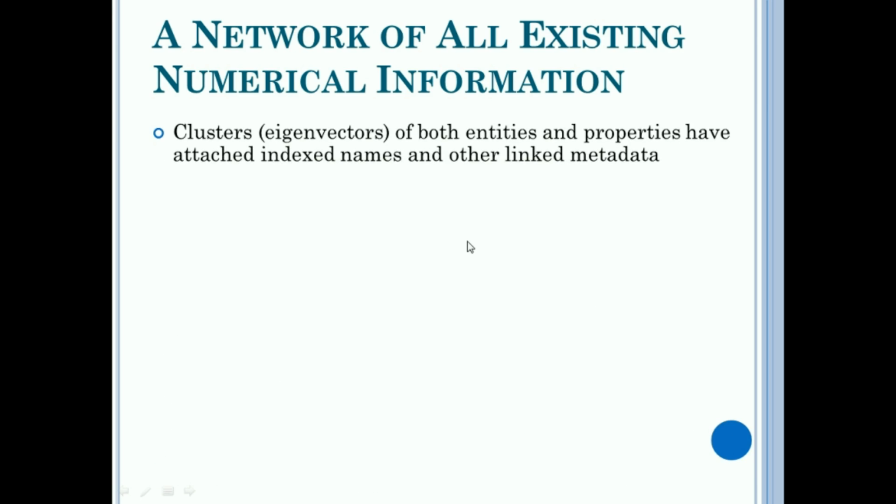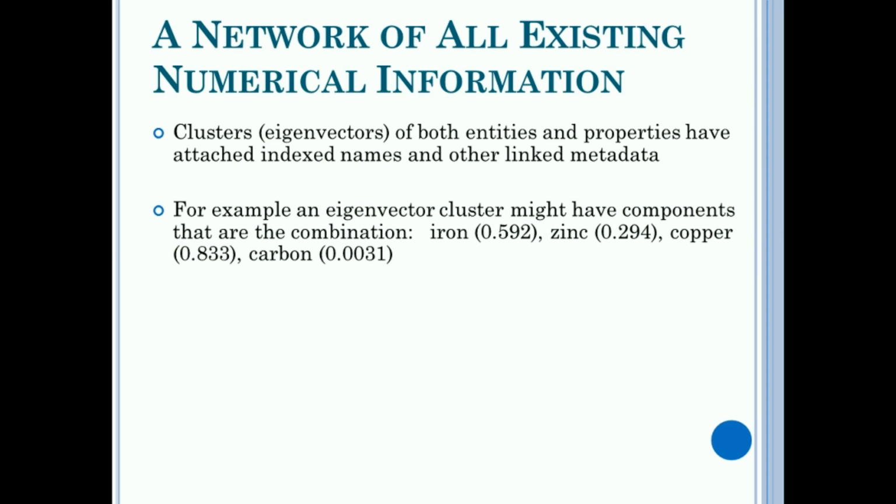We take each cluster, which has a few dominant names, row or column indices, with a metric of contribution from that cluster. So we know, for example, if lead is in this cluster, we know how much it contributes because that's the eigenvalue component of the lead. Then what we do is we can attach that lead, or say here iron, to another cluster where iron has another representation as the eigenvalue as part of that cluster, and connect everywhere iron is connected in one cluster to iron in another cluster and connect them with the strengths that they are present in that cluster.